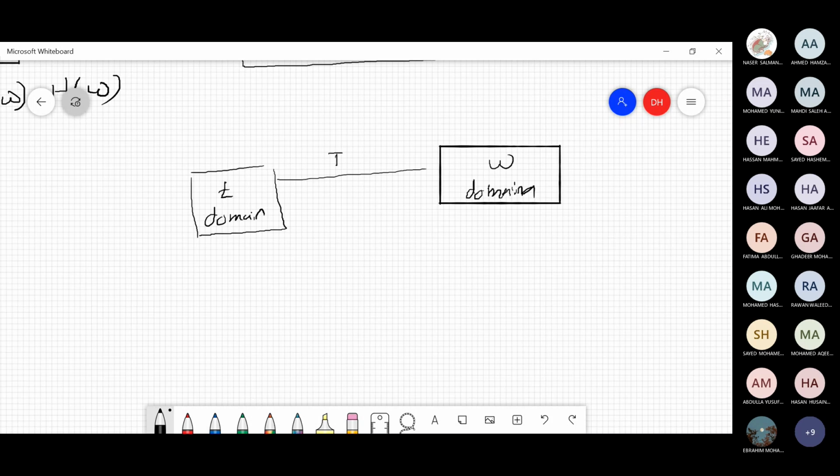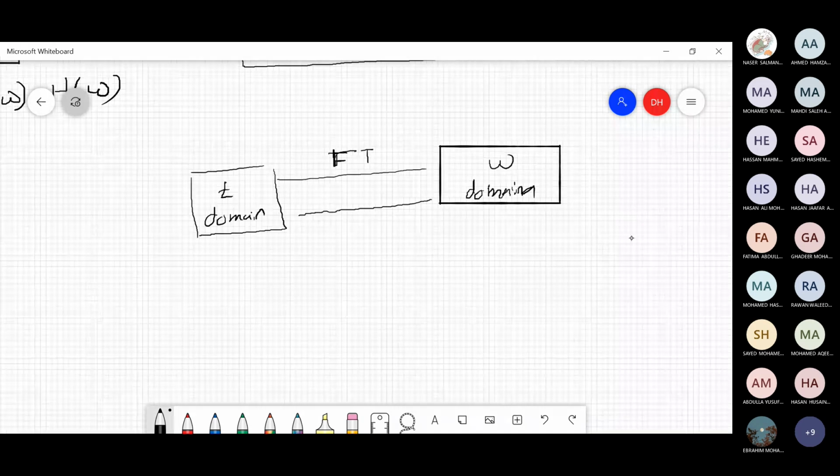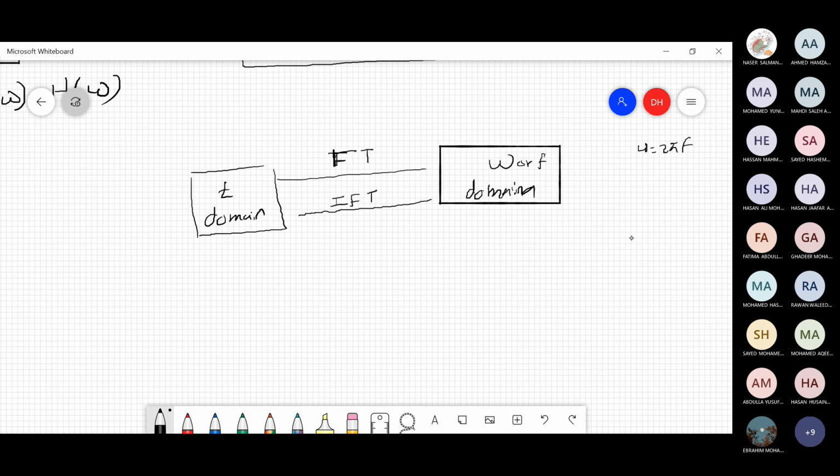This is the Fourier transform. Then after you have a solution, you need to return back from omega, or f, which is the frequency domain. There is a relation omega equal to 2 pi f, which is just multiplied by a constant. Then we need to return back to time domain by using inverse Fourier transform.